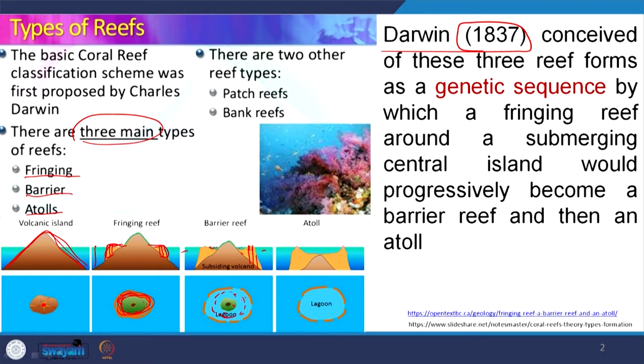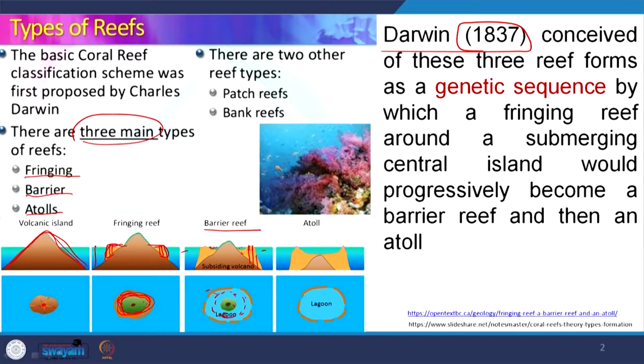So this is called a barrier reef. Barrier means it is a barrier from the mainland to the main sea, and a part of the water body is cut off from the main water. So the corals behave as a barrier, and that is called a barrier reef.